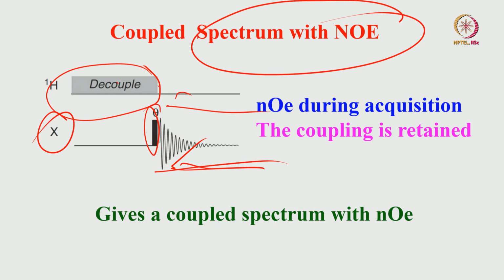That is a phenomenon. When I apply decoupling power prior to that, we get enhancement of the signal intensity due to the Overhauser effect. This is an experiment. If you do it, you will get a coupled spectrum, but with enhanced intensity. This is called coupled spectrum with NOE.